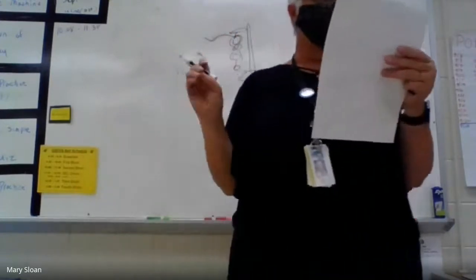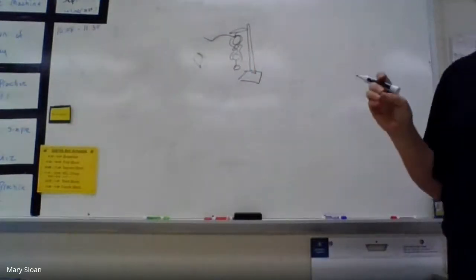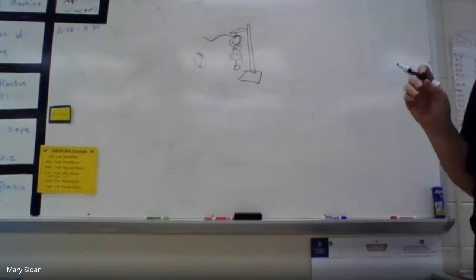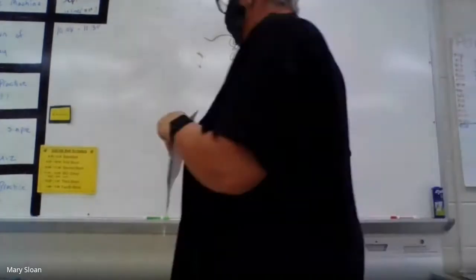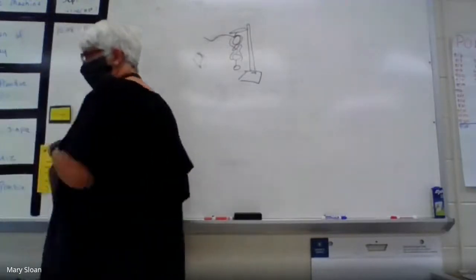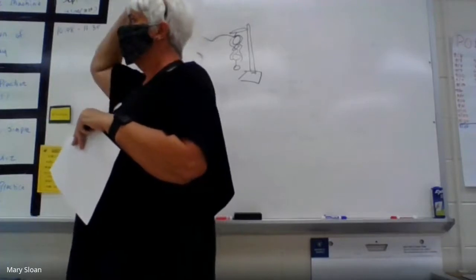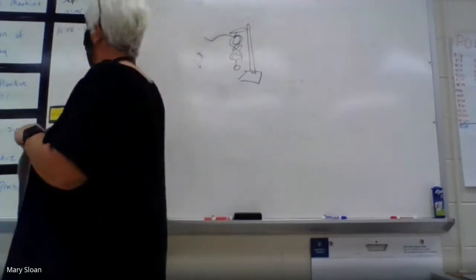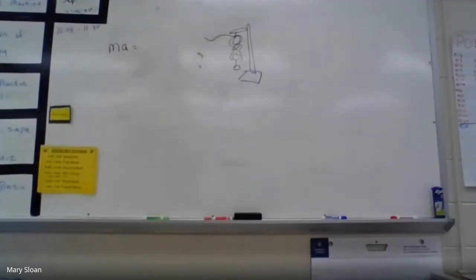Okay, so we're looking for how many pounds of effort force the user would have to exert on the rope. Well, let's start with MA first. What is MA? What does MA stand for? Mechanical advantage.